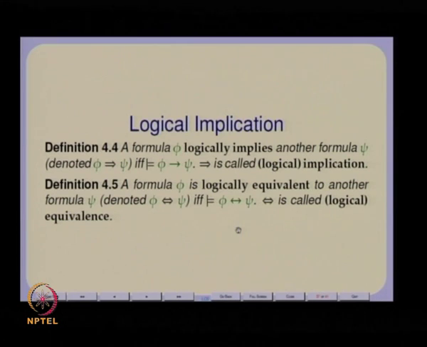Most books on logic do not distinguish between the conditional and logical implication. Most books also do not distinguish between the biconditional and logical equivalence. But the biconditional is actually an operator within the language, and logical equivalence is a concept outside the language, right. And in our mathematics also, it is very common to replace one by the other.